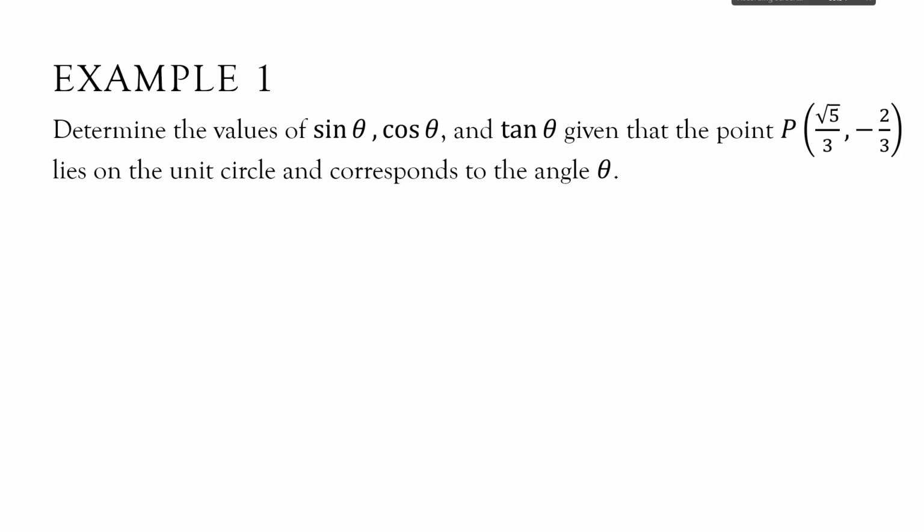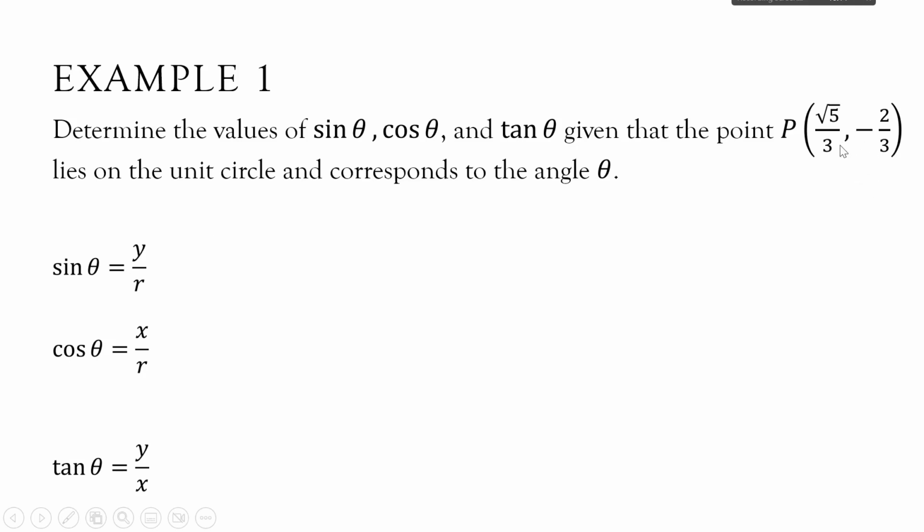Alright, so let's go ahead and start with figuring out our 3 trig functions that we want. And for convenience, I've gone ahead and copied down these formulas from the previous slide. Sine being y over r, cosine being x over r, tangent being y over x. Alright, so for sine, what's my y value?